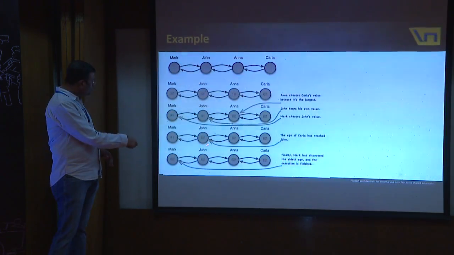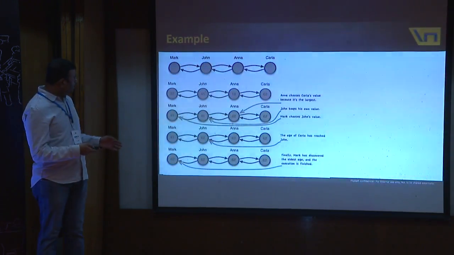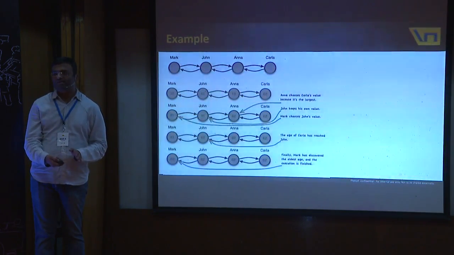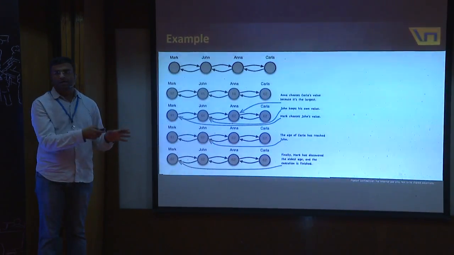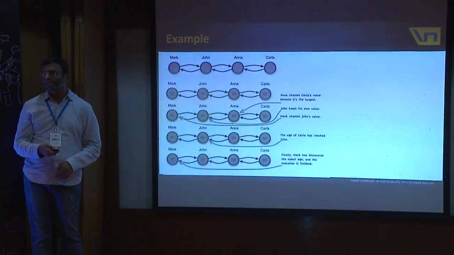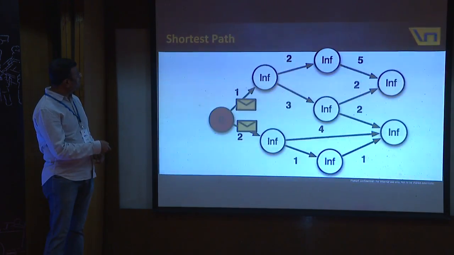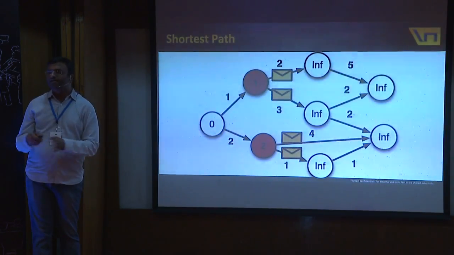Over two more steps, the algorithm converges wherein everyone now has an ID of 62 and no further processing happens. This is when your algorithm converges and you have actually processed the algorithm in parallel over various machines. I'm short of time, so I'm going to skip the next example of shortest path, of how you can model shortest path as a distributed algorithm.